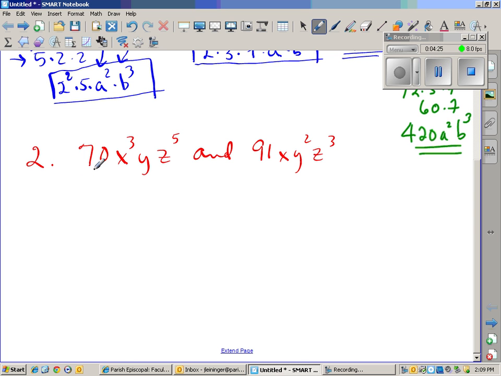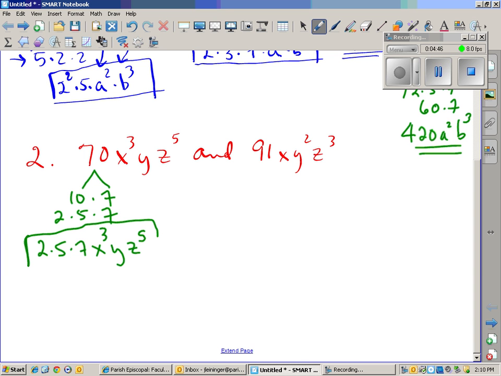We're going to begin with the prime factorization, 10 times 7, or 2 times 5 times 7. I have all prime numbers. I'll bring down my variables, x cubed, y, z to the 5th, and I'll box it up. Crooked box. And 91 looks like it ought to be prime, but I hope you remember that it's not prime.